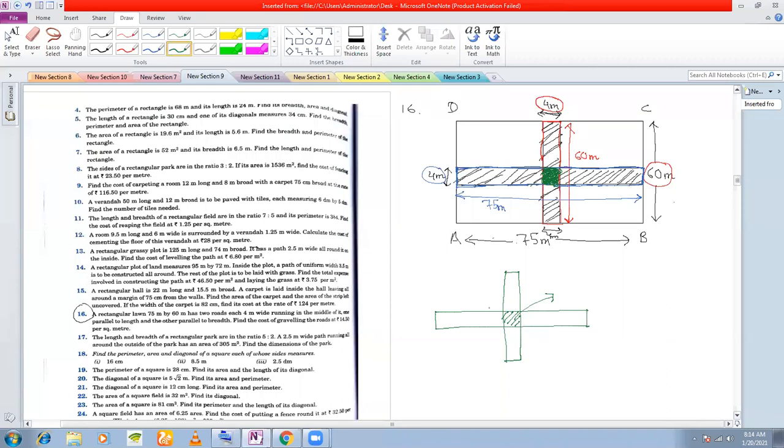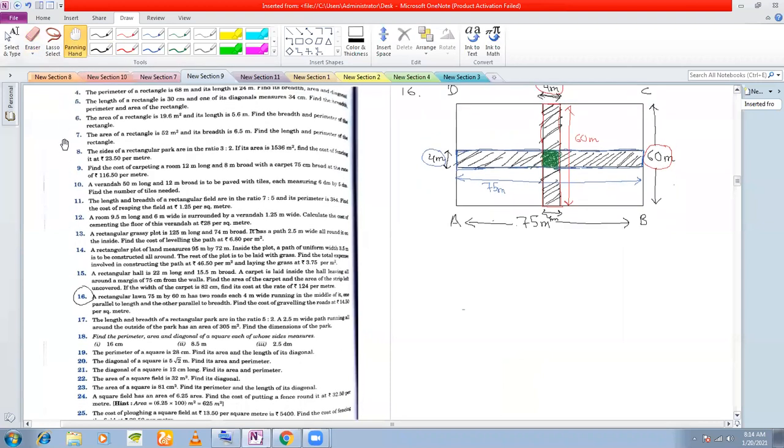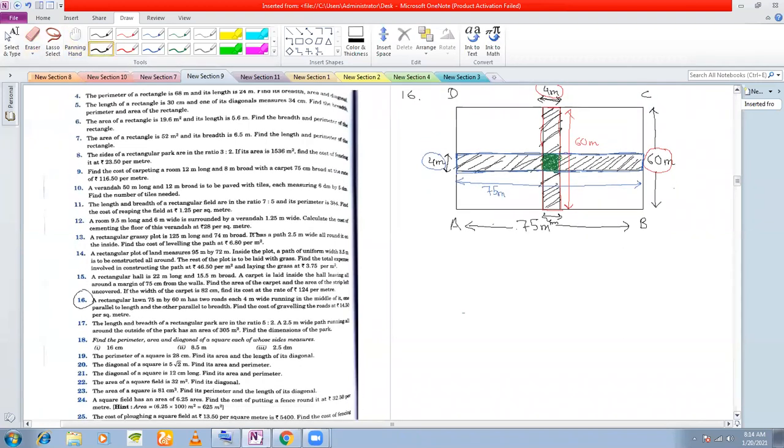That means you have to subtract the area of the square from the sum of the areas of the rectangles. That is the logic behind this sum. So let us first find out the area of the rectangles. Can you tell me what is the side of this square?